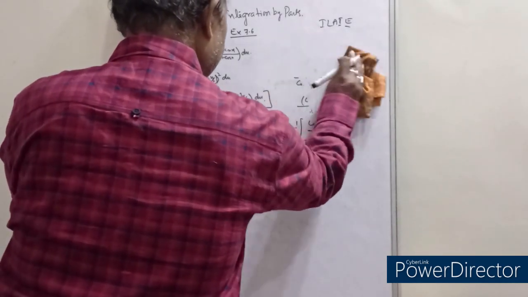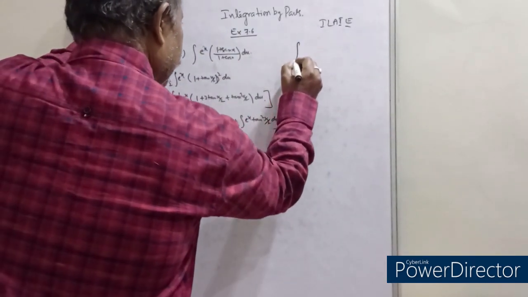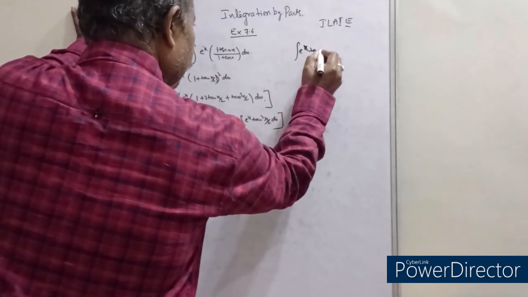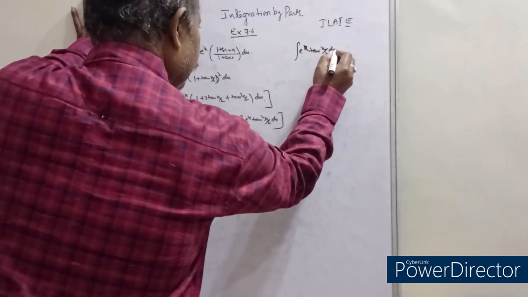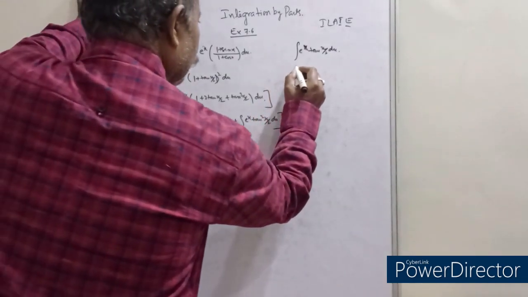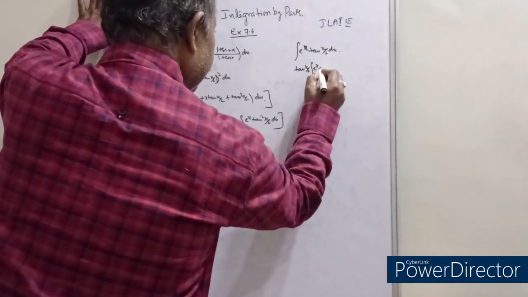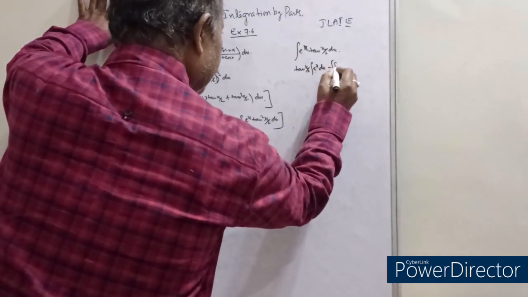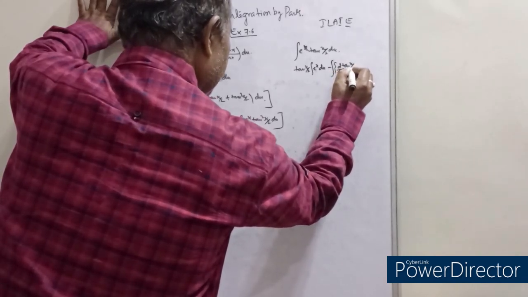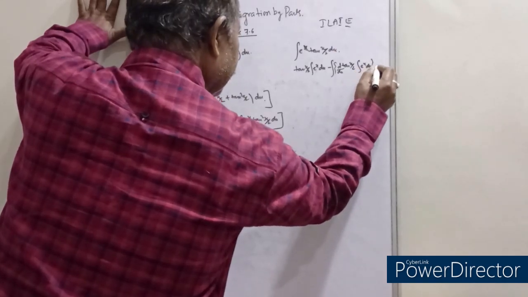So here you see that I am going to integrate e to the power of x tan x by 2 dx. Here trigonometry is the first function. So tan x by 2 times integration of e to the power of x dx, minus integration of differentiation of tan x by 2 times integration of e to the power of x dx.